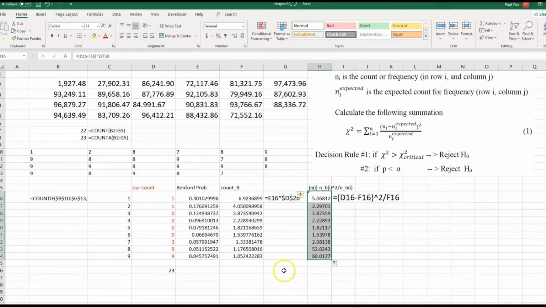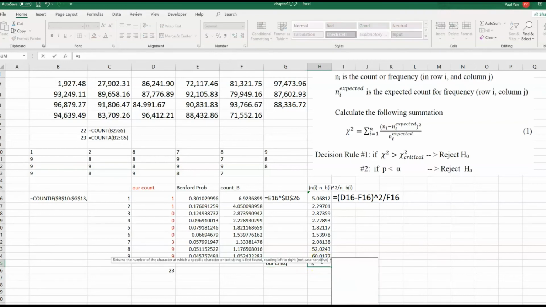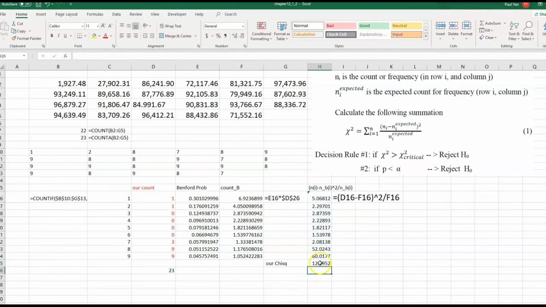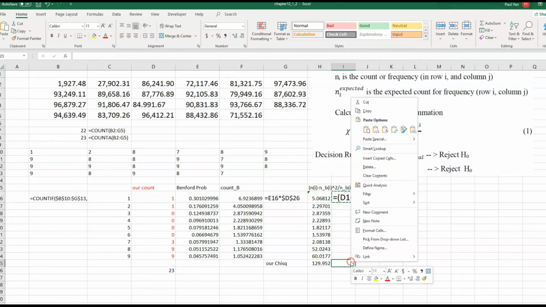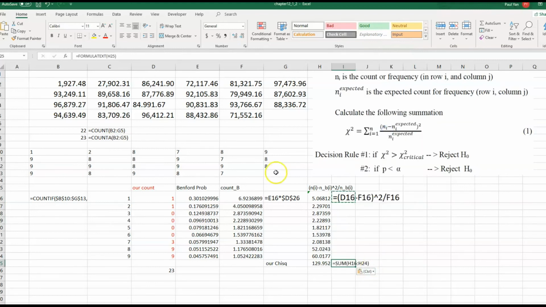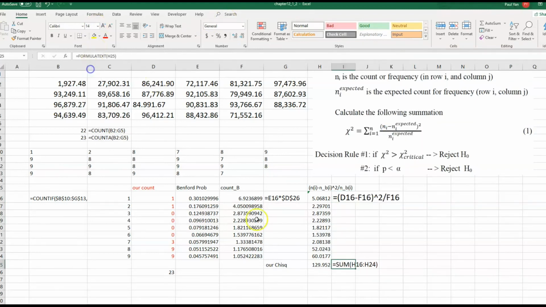So finally, this is our chi-square value. It's the summation of all these values. It's simply the summation of all the squared errors divided by the expected count.